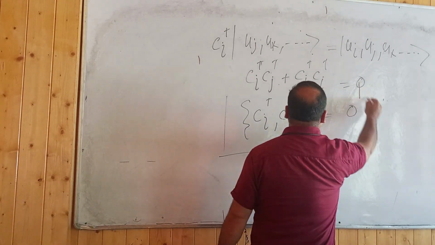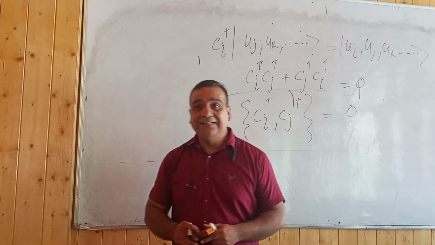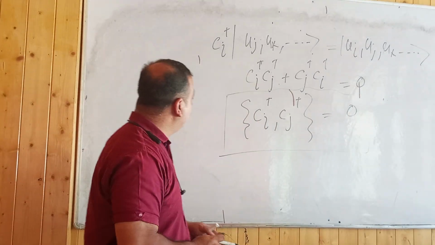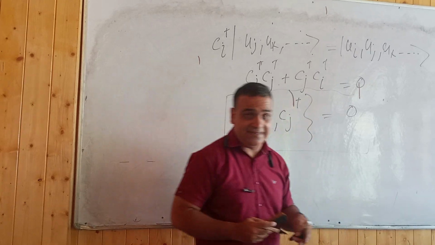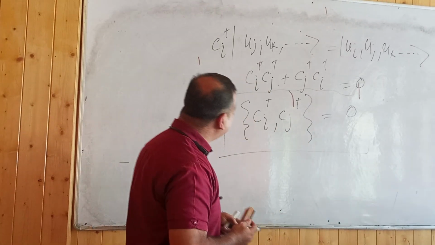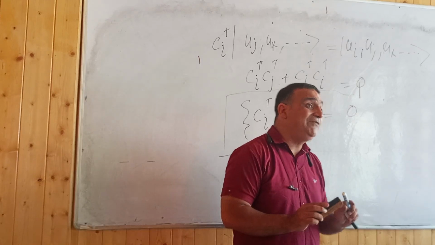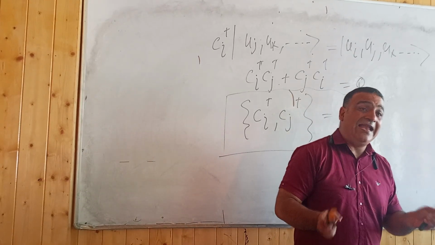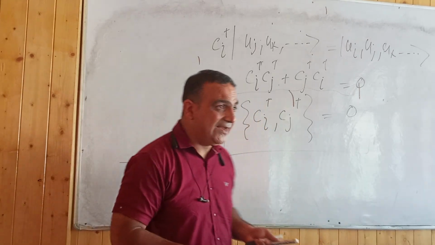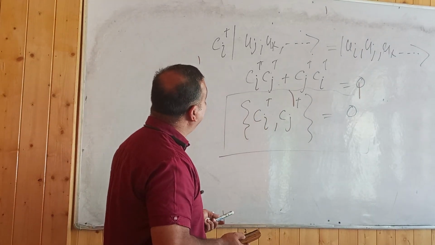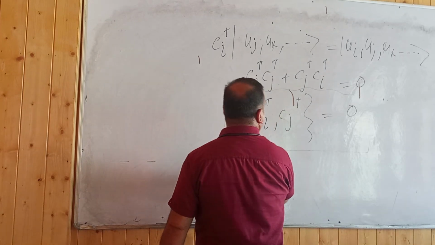So this leads us to what? It leads us to the anti-commutation between Ci dagger and Cj dagger. Now, the next task for us is to obtain the anti-commutation between two annihilation operators. Right? That's our next thing that we would like to obtain from here. So how we can do that?